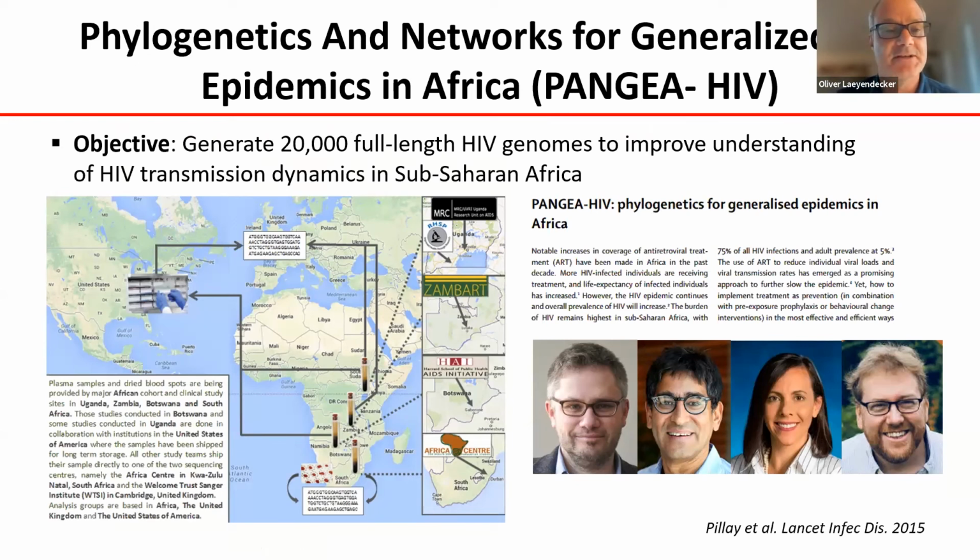And I think Pangea is just absolutely fantastic in terms of being able to get these full-length, deep sequencing data from all these different cohorts to really better understand, again, how HIV is moving through a population and what factors of the virus influence both transmission and pathogenesis.